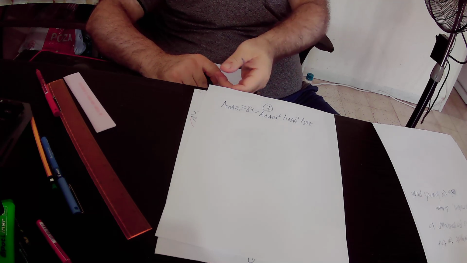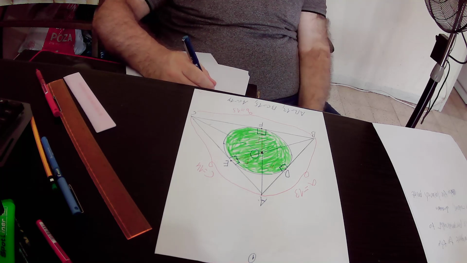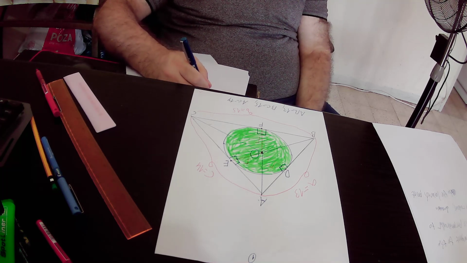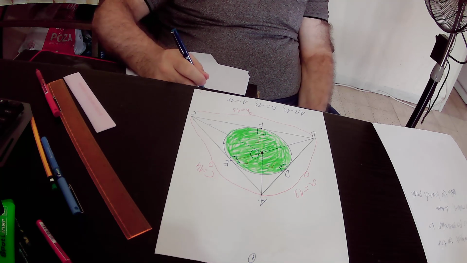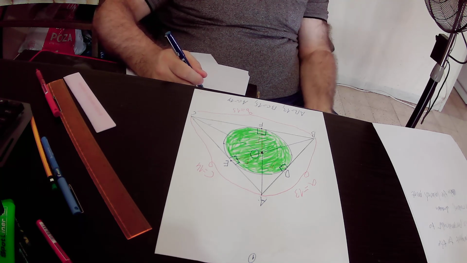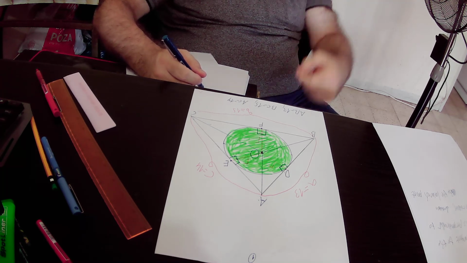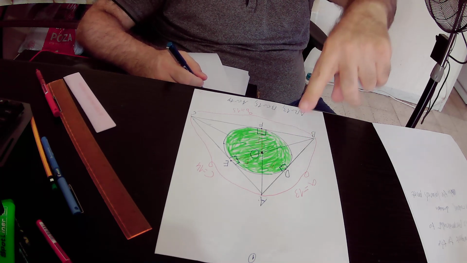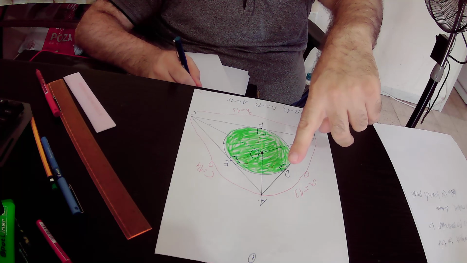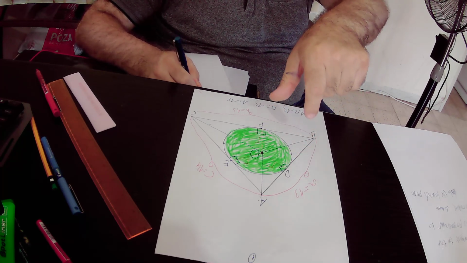So, what is the area of triangle AOB? The area of any triangle equals the base of the triangle times the height to the base over 2. So the area of triangle AOB equals the base, that is AB, times the height to the base.